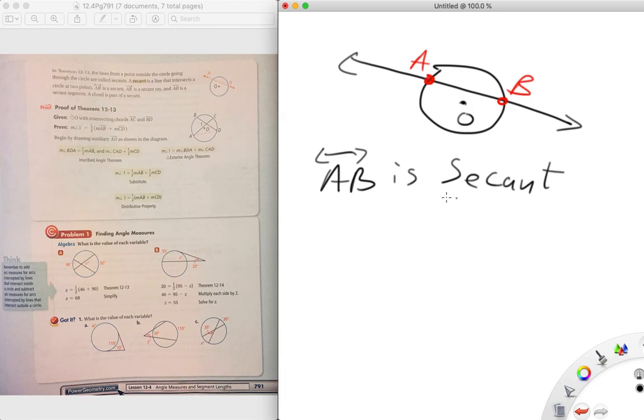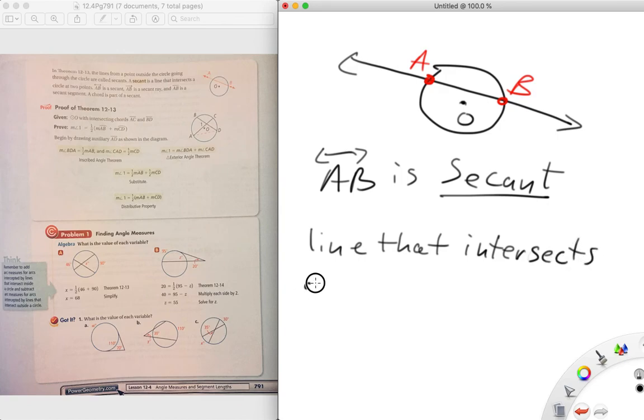And what secant is, is a line that intercepts a circle at 2 points. A line that intercepts a circle at 2 points, we would call that a secant line.